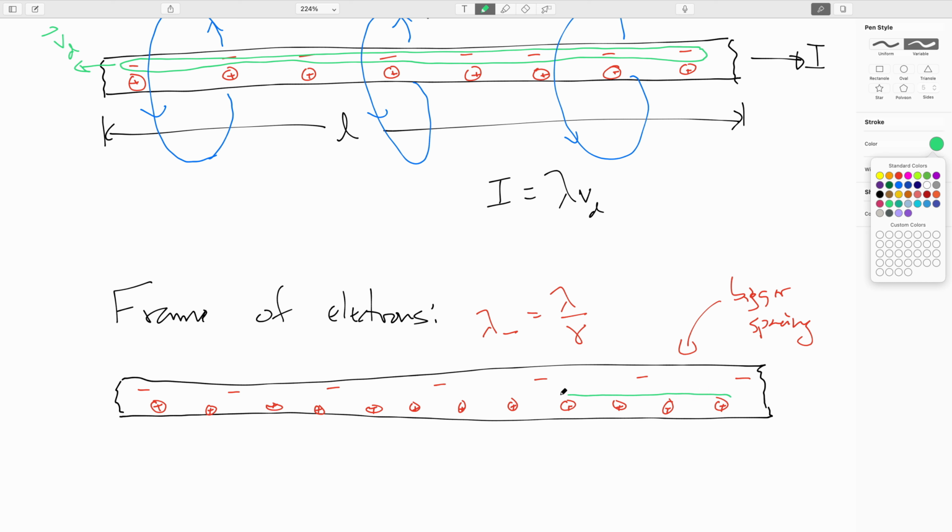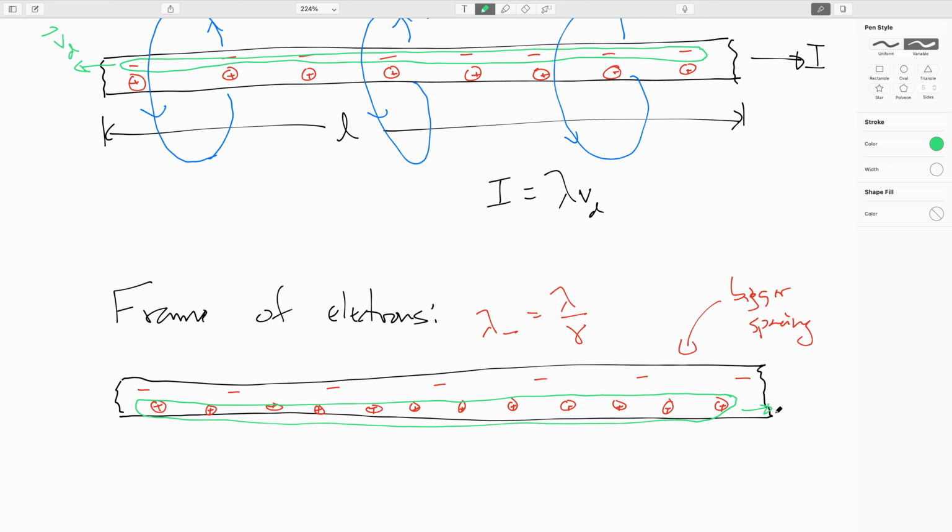To the electrons, these protons are the things moving, and they are drifting to the right. Now, both in the frame of the electrons and the stationary frame, or the frame of the protons, if you will, we're going to agree the conventional current goes to the right. Before, negative charge was going to the left, so conventional current right. Here it's positive charge going right, so conventional current right. But now they're seen as moving.